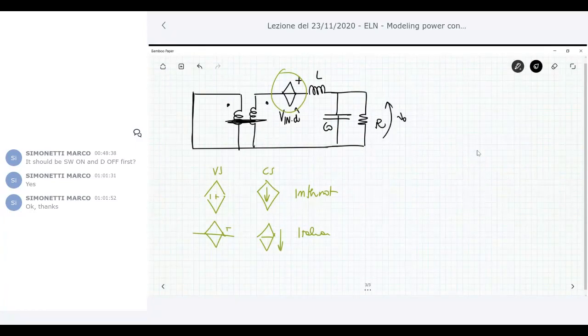So this is a 1 to D transformer, and so what happens if you have 0 volts at the primary side of this transformer? That means that the secondary side is null. So let me redraw by eliminating the transformer.